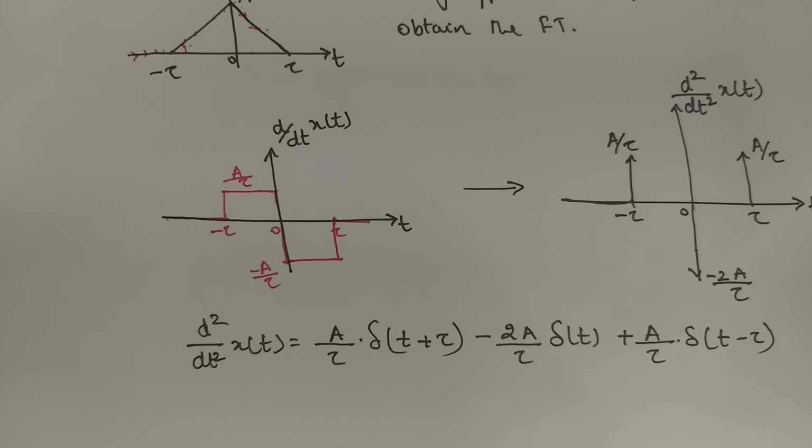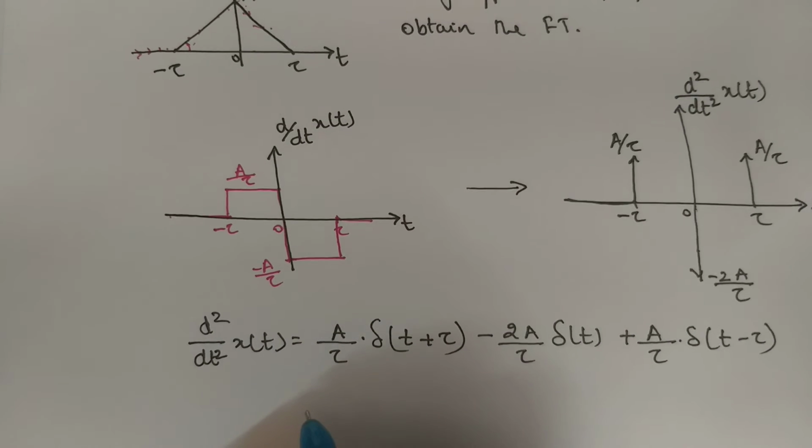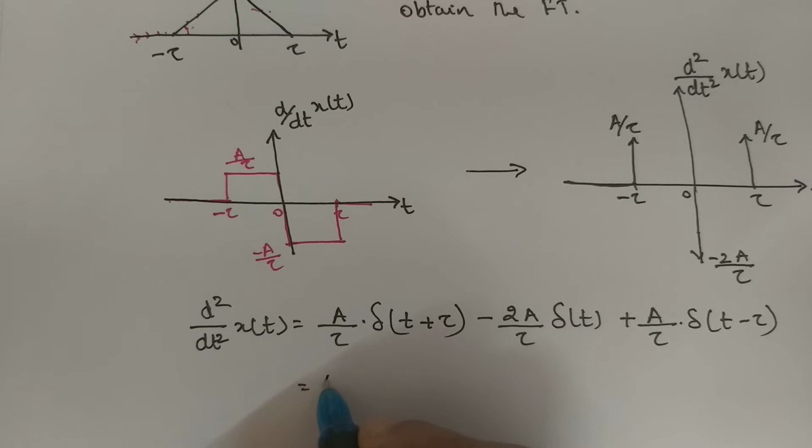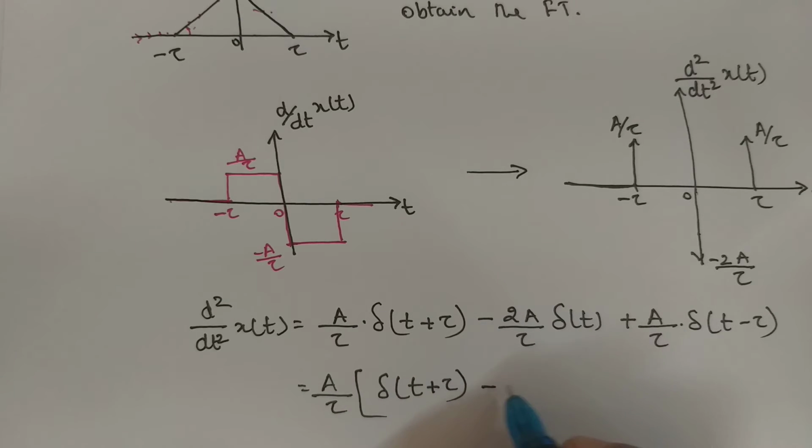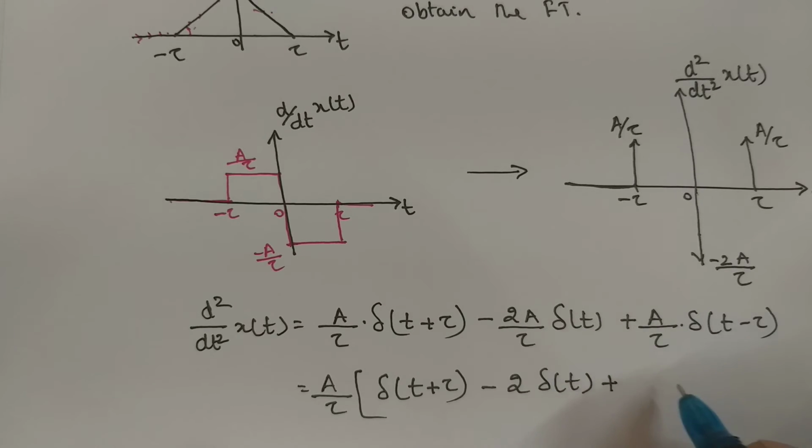So with this part we can take a by tau as a common constant term. So a divided by tau into del of t plus tau minus 2 del of t plus del of t minus tau.